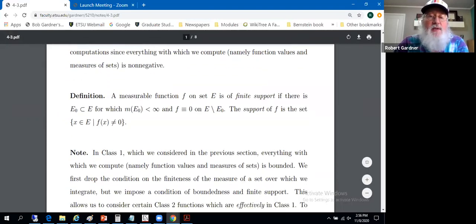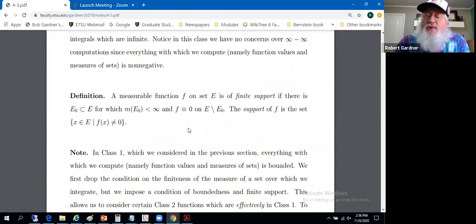So to get things started, we're going to consider some functions that, strictly speaking, belong in this class 2, but in a sense, they're effectively in class 1. I want to define the integrals of our class 2 functions, non-negative functions, in terms of the class 1 functions, the functions involving all the bounded stuff.